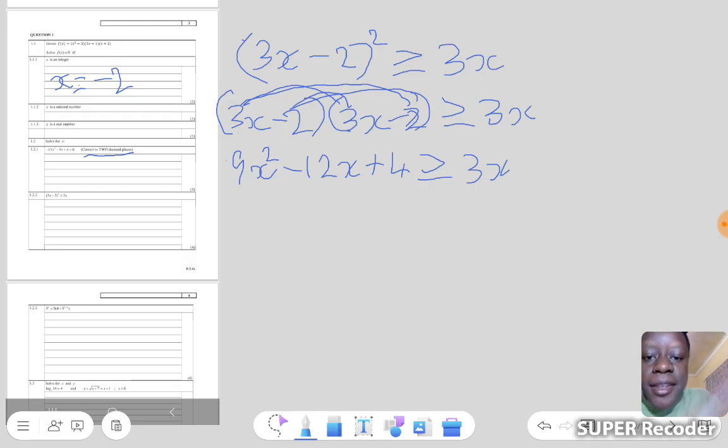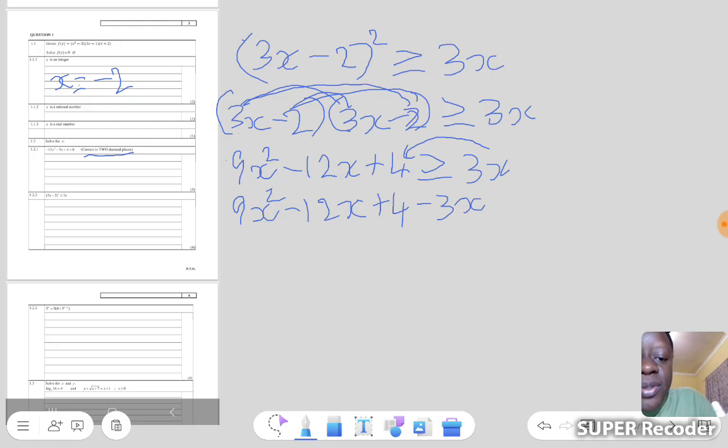So at this point we have to transpose this 3x to the other side, giving it like 9x squared minus 12x plus 4 minus 3x, because we've transposed it to the other side, greater or equals to 0.